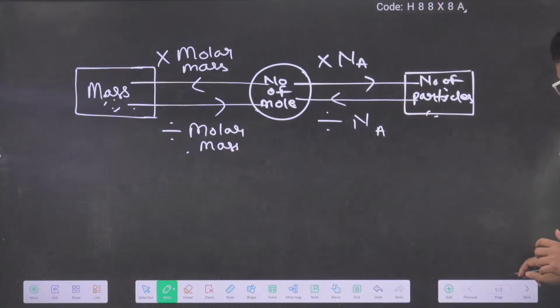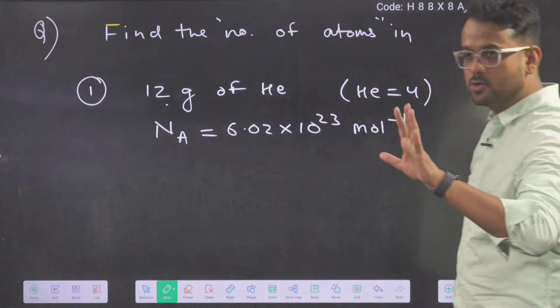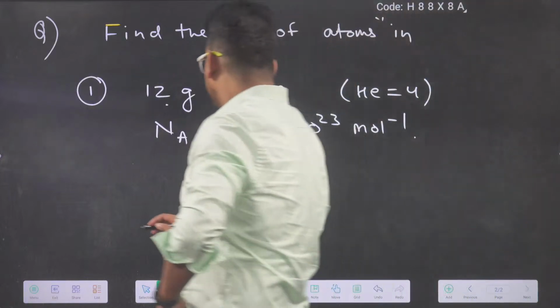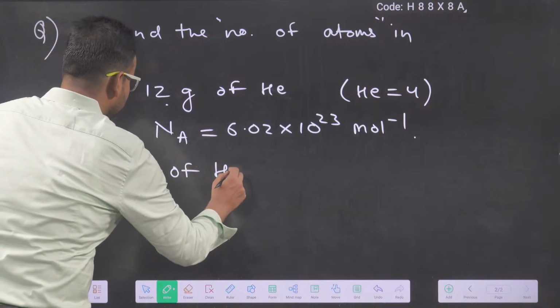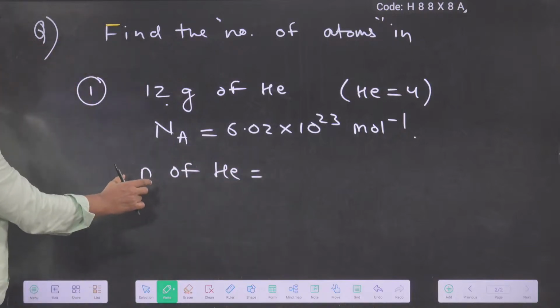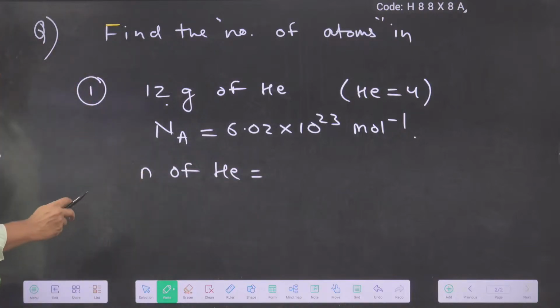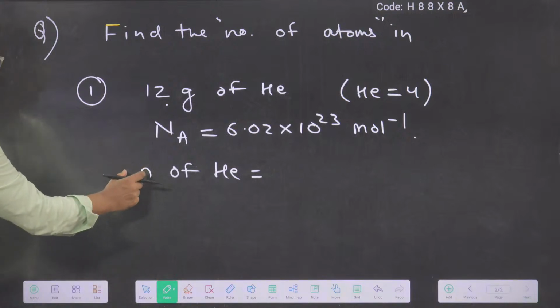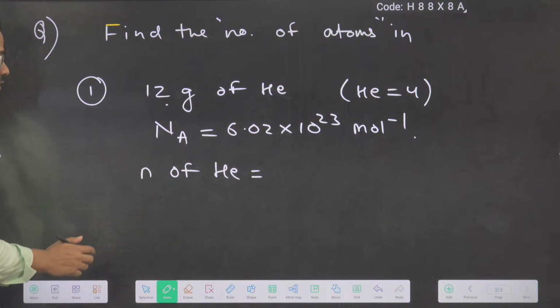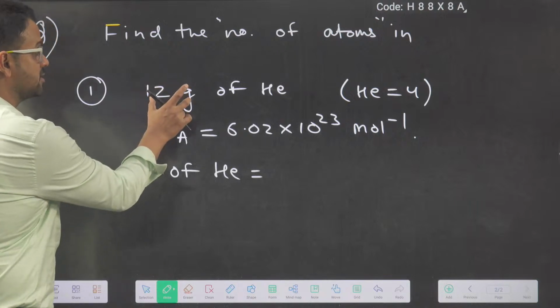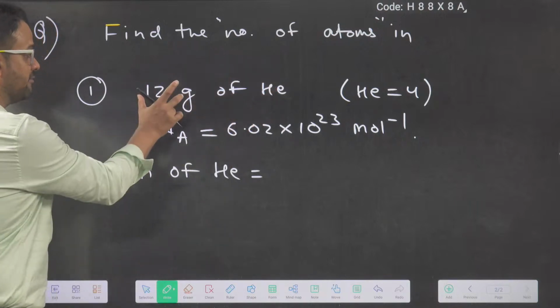So my dear kids, our first step would be to calculate the moles of helium. Whenever I write small n like this, it is a symbol for the number of moles. So moles of helium is equal to given mass by molar mass.